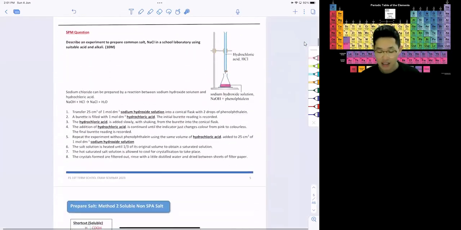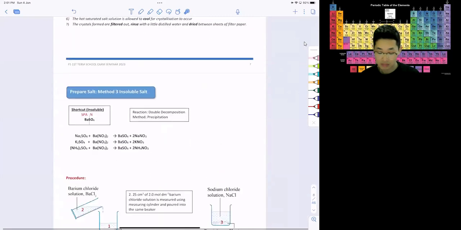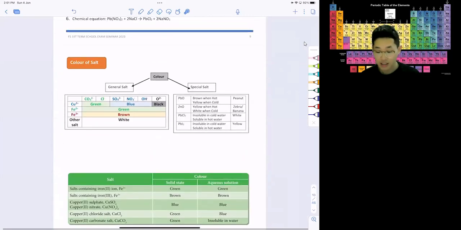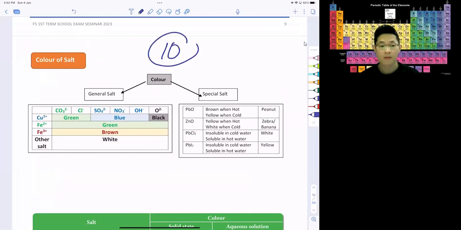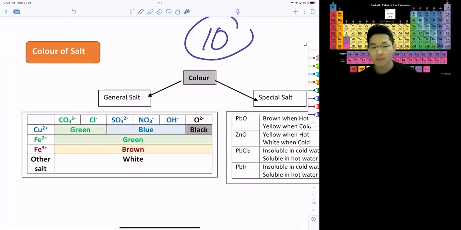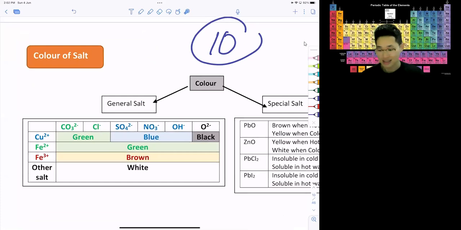Okay, we look at page, where's the color of salts? Okay, here, page number 10. For the color of salt, you have to remember that most of the Cu2+ are blue.